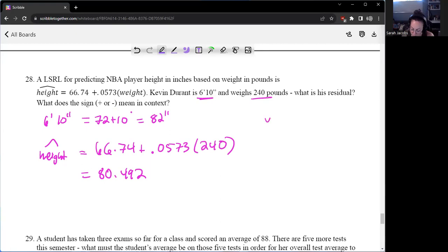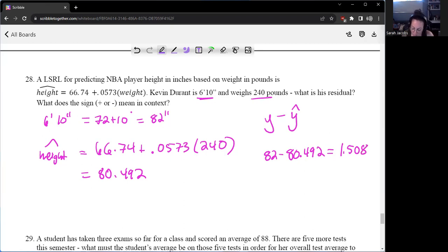Residual is always actual value minus the predicted value. So our actual value is 82. We're subtracting 80.492. And we get a residual of 1.508.